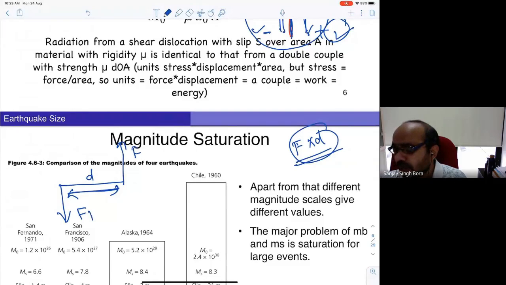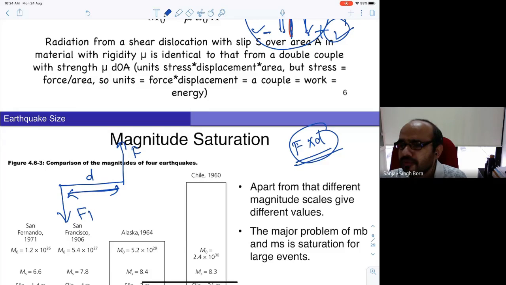If there is only one couple of forces acting, what will happen? Rotation will happen. Exactly. If there is only one couple, there will be a rotation, right?